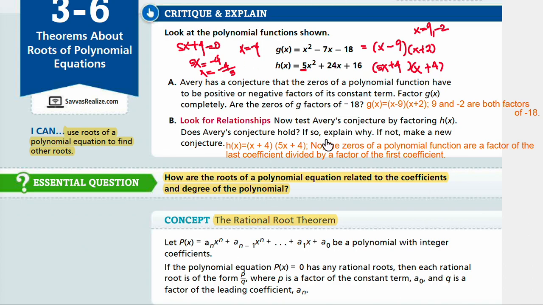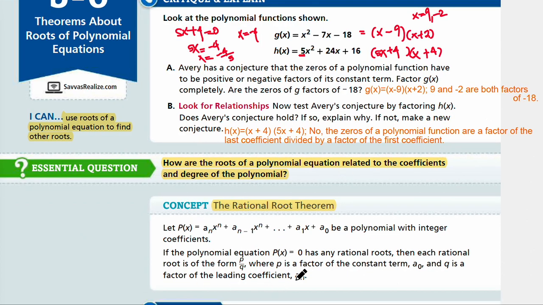That is why this is a great introductory question, because before we even looked at the concept of the rational root theorem, we figured it out by ourselves. So now you understand.